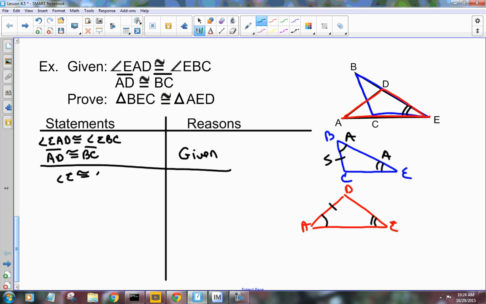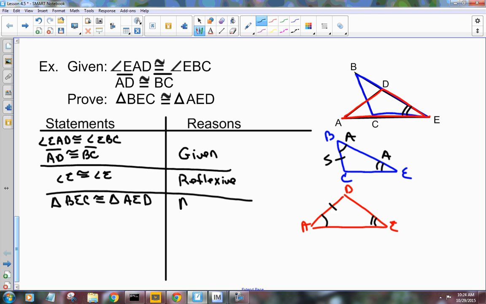Angle E is congruent to itself by the reflexive property. And so then we can say that triangle BEC is congruent to triangle AED. And my reason was angle, side.